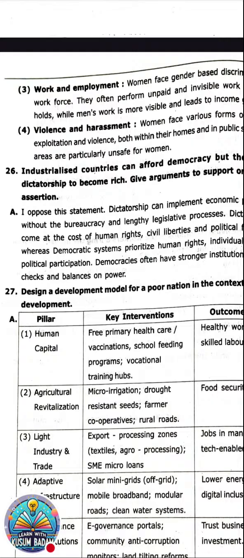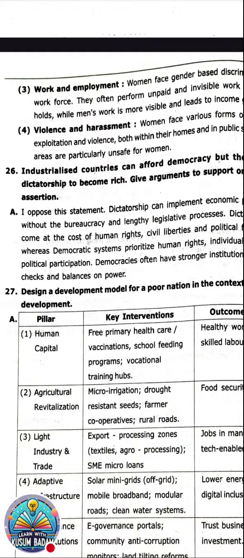Give argument to support or oppose this assertion. So, what is the question here? If there is any industrialist, he is getting benefit because of democracy. But for a poor person, if there is a monarch, a king, a dictator, they will get benefit. So whether you agree or disagree.